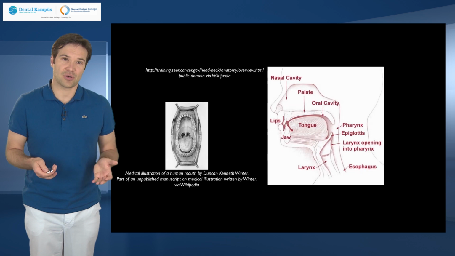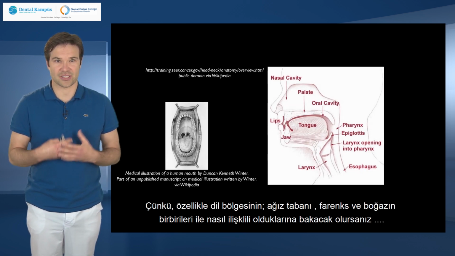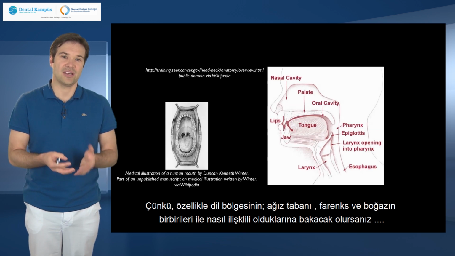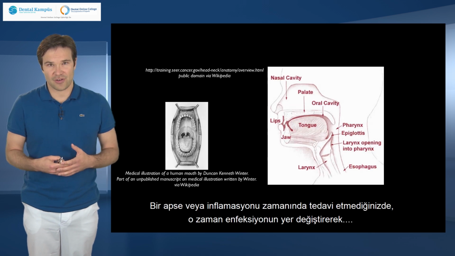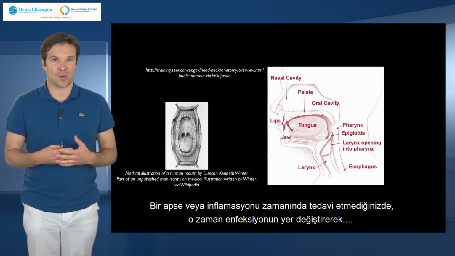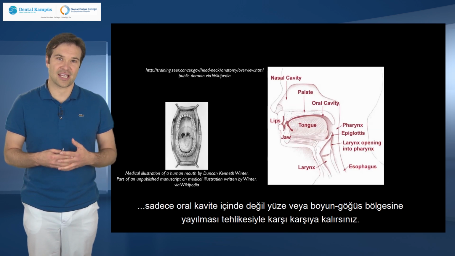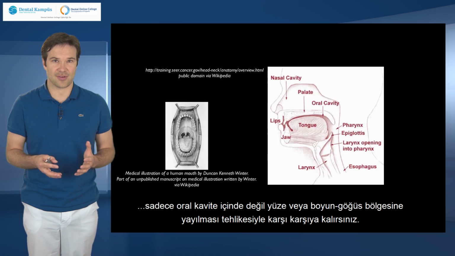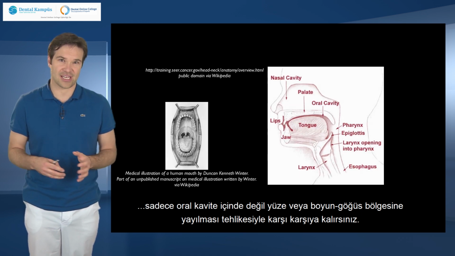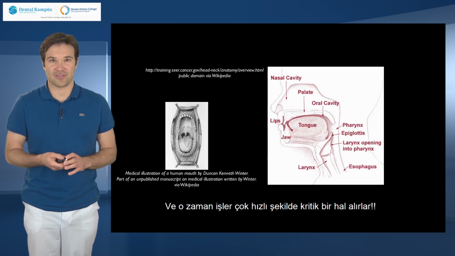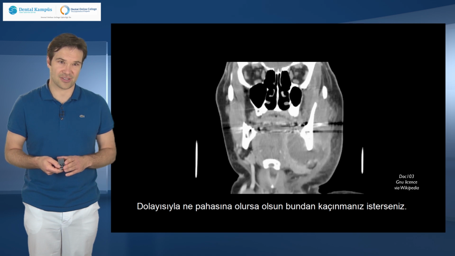Because if you look at how the structures communicate with each other, especially the tongue area, the floor of the mouth, the pharynx and the throat, very often you run into the danger, when you do not treat an abscess or an inflammation in time, that it can start moving around not only in the oral cavity but in the face or down the neck to the chest area, and then things get very, very critical very quickly. So you want to avoid that at any cost.